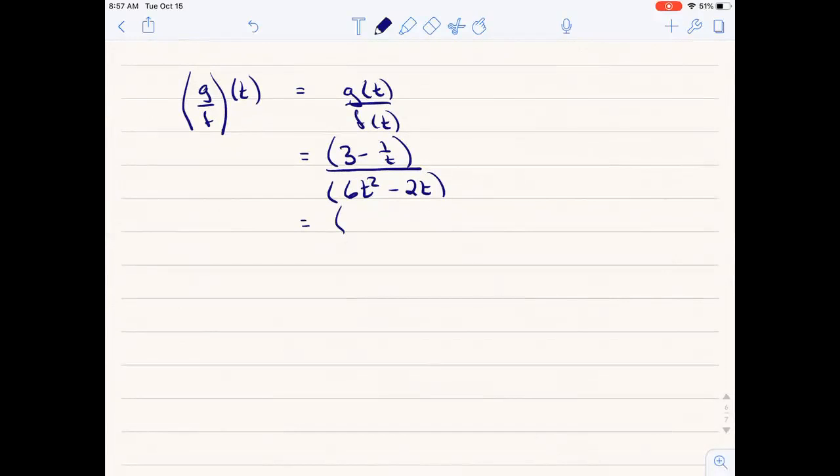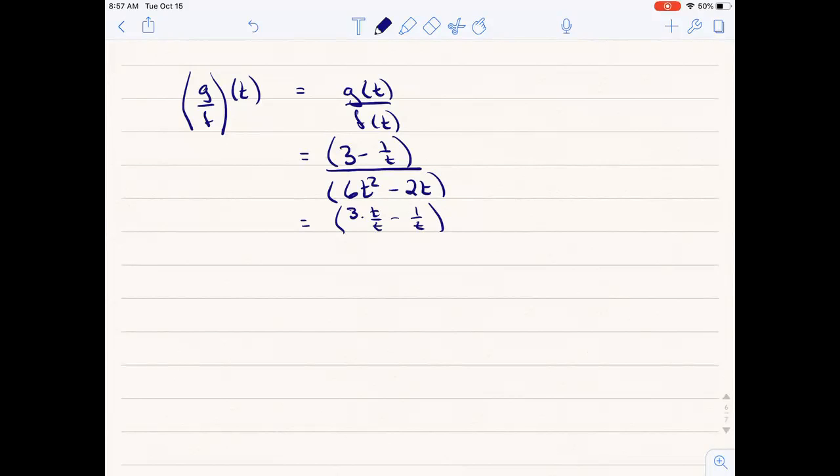Same idea. If I want 3 minus 1 over t to be all over t, I can multiply 3 by t over t. Same rule applies. 3 times t over t minus 1 over t, because t over t is still 1.